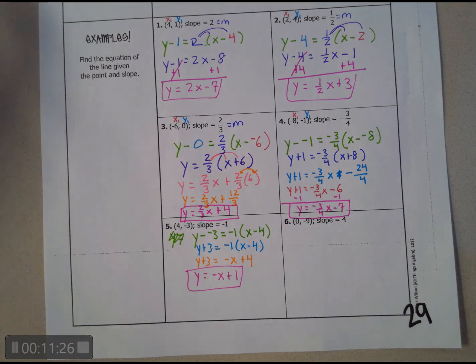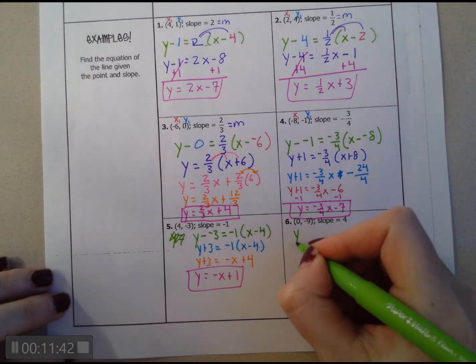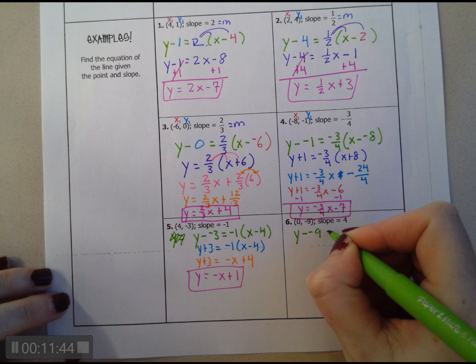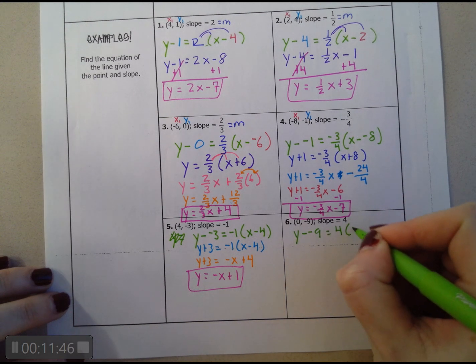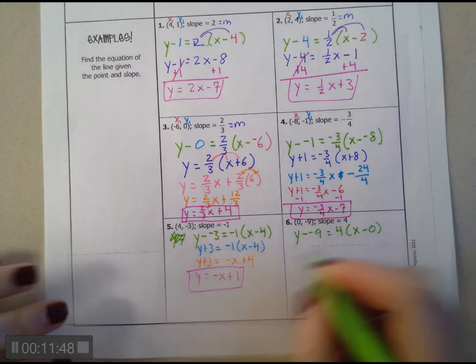Okay. Again, I'm not going through all of the steps this time because you should have gotten all of the steps through 1 through 3. Okay. These are just for you to check your answers and to see which step you might have messed up on. Okay. Alrighty. So for the next one, y minus negative 9 equals 4 times x minus 0.